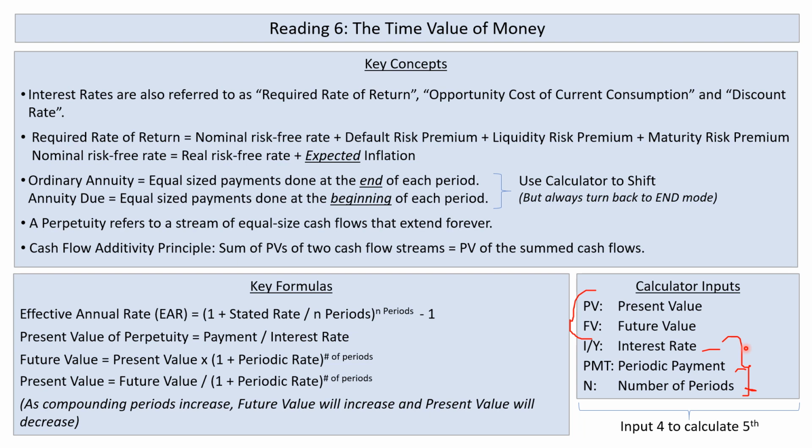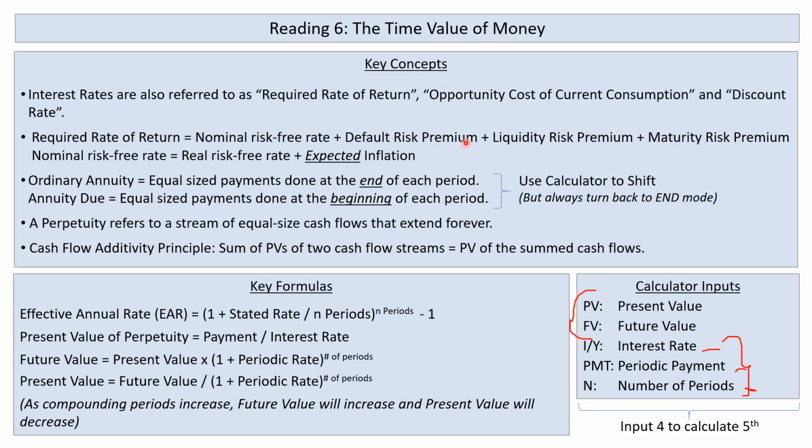So that's an annuity. Then what's the difference between an ordinary annuity and annuity due? Well, when these payments happen at the end of the month, it's called an ordinary annuity. When these payments happen at the beginning of the month or beginning of the period, they're called an annuity due.